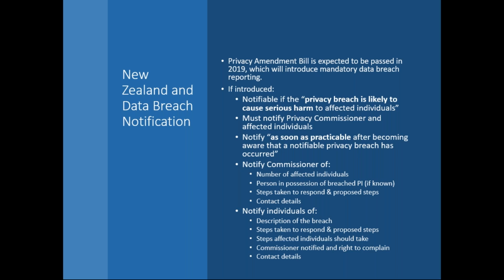So that's the same sort of trigger as we have, and so it might be of interest to people in New Zealand to have a look at the kind of breaches that have been reported in Australia, where the Privacy Commissioner here is publishing statistics and information about that. The timing is about the same, as soon as practical after becoming aware of it. The notification, who is notified, and the type of information to be included in the notification, again, is not dissimilar to that in Australia.